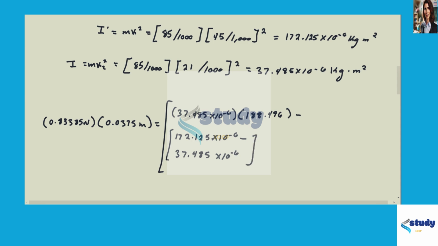And this is times phi cosine 30. And this whole thing is times phi.